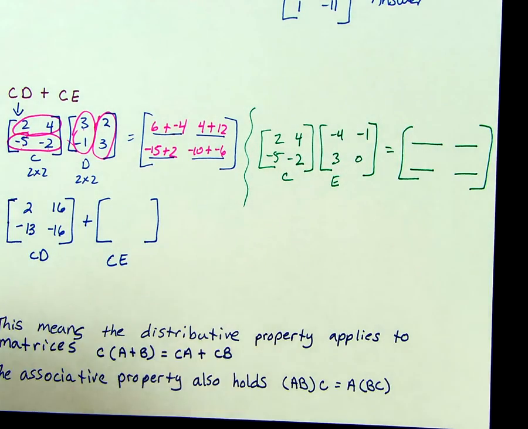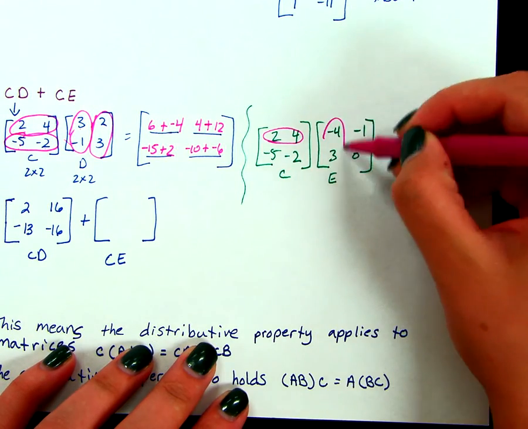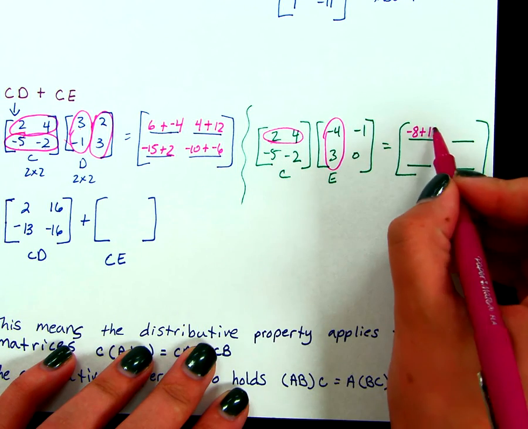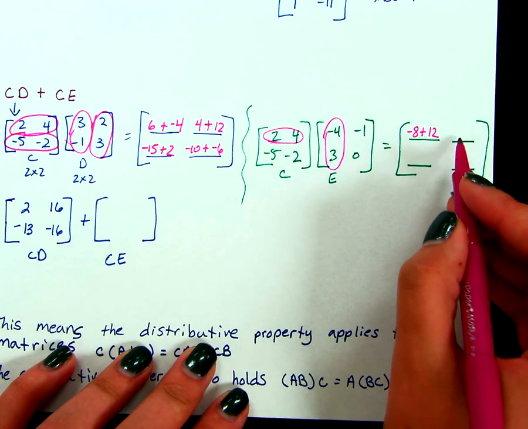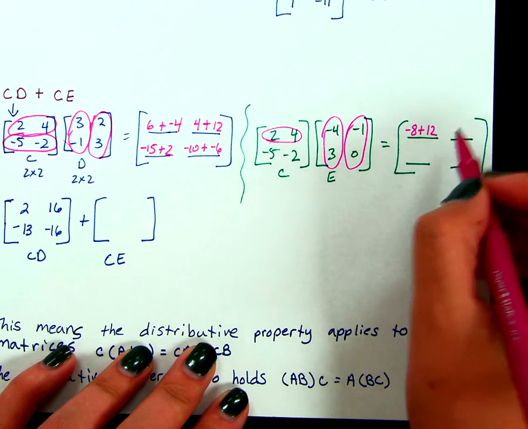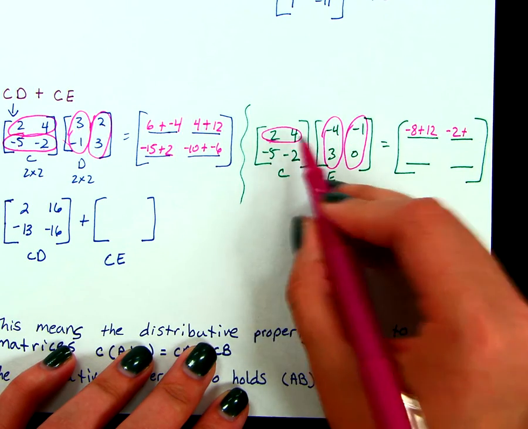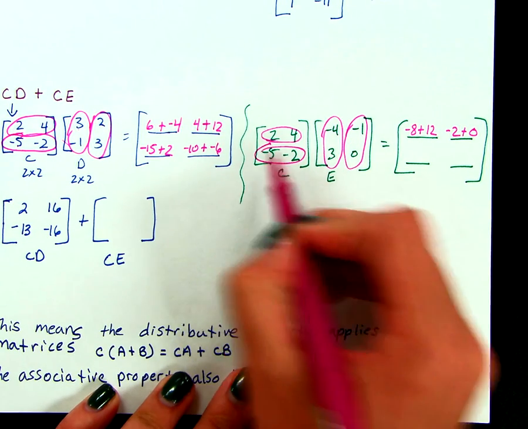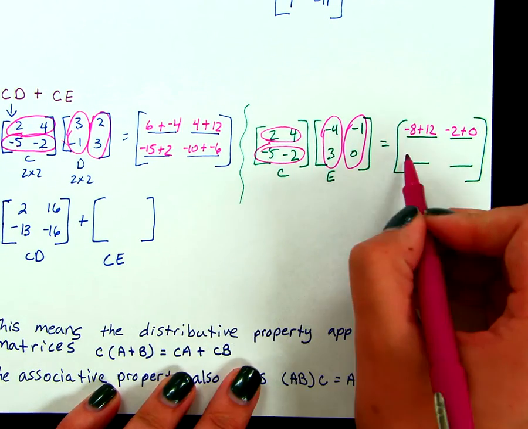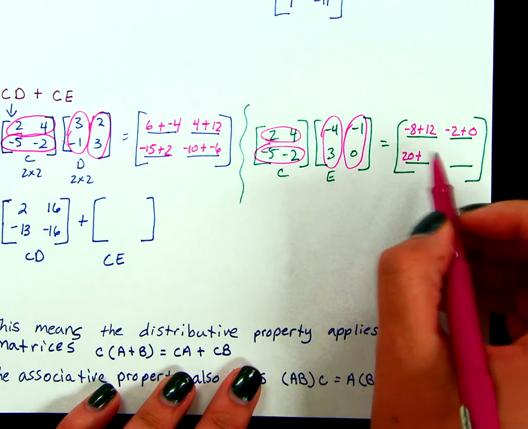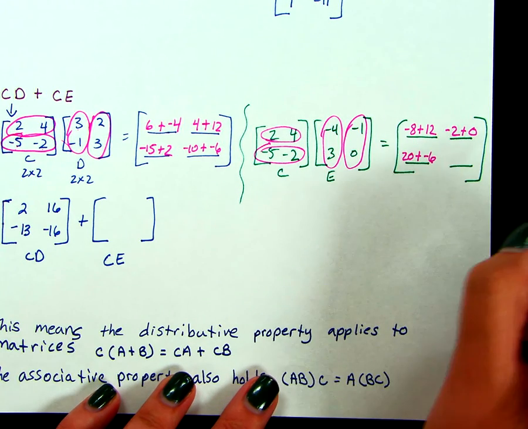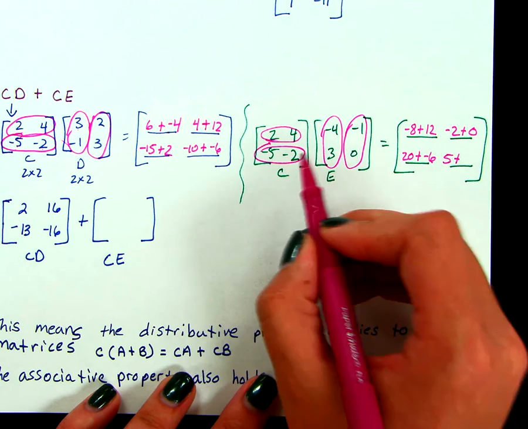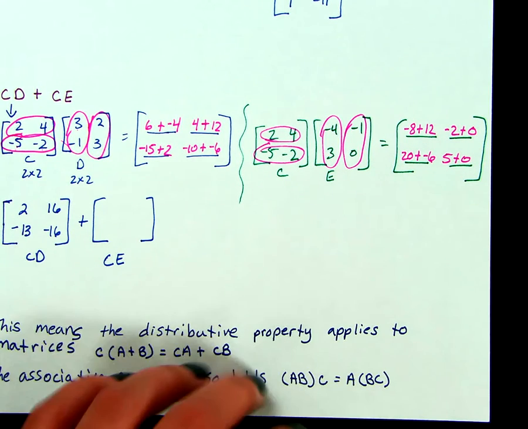So our first position, first row, first column. So 2 times negative 4 is negative 8. 4 times 3 is 12. First row, second column now. So 2 times negative 1 is negative 2. 4 times 0 is 0. Second row, first column. Negative 5 times negative 4 is 20. Negative 2 times 3 is negative 6. And then we have second row, second column. So negative 5 times negative 1 is 5. And negative 2 times 0 is 0.